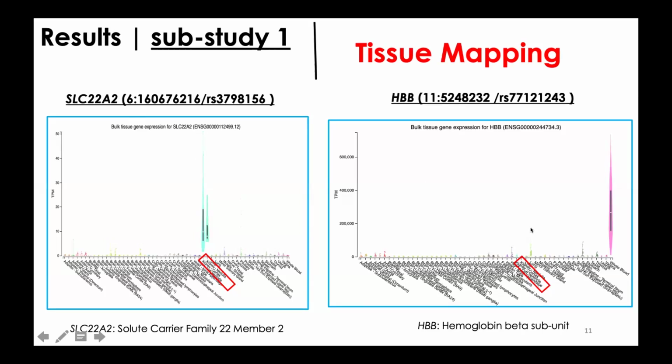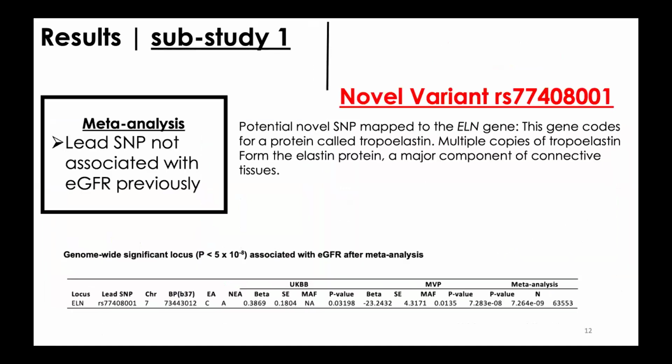And HBB, like you would expect, is highly expressed in whole blood, and that also showed in this analysis. And it's minimally expressed in the kidney. So all this was just to further characterize and pinpoint the importance of these new lead SNPs that we had found that are uniquely associated with chronic kidney disease or kidney function in Africans.